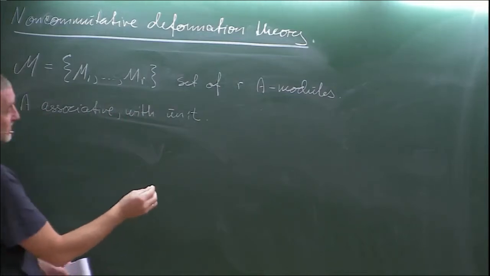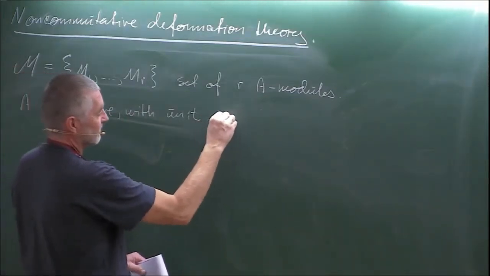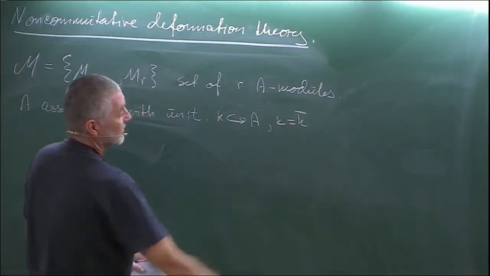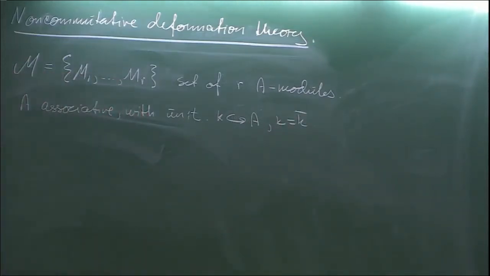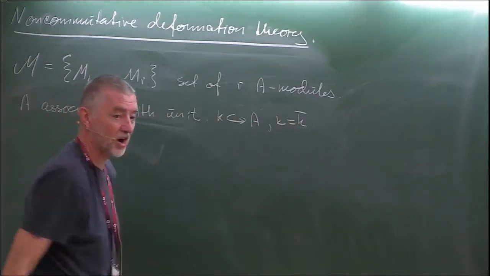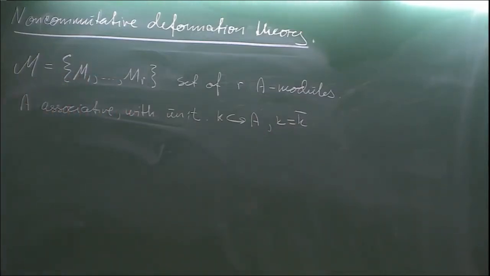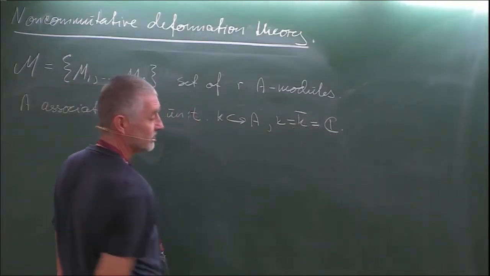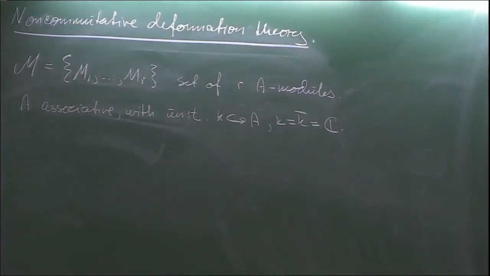And also, it's a k-algebra. And it's easiest to assume that k is algebraically closed. So, I just say k is equal to k bar, its own algebraic closure. So k is C, in fact. Doesn't matter at this point. It will matter later.